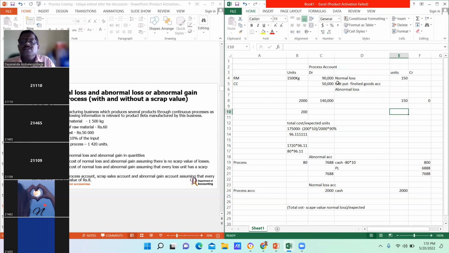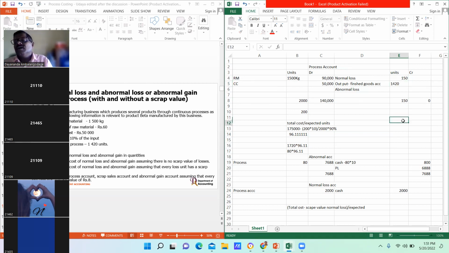Input of raw material, so much. Cost of raw material 60. I calculate the value of the raw material. Conversion cost I insert. Then it says normal loss 10%. What is the input? Input is 1500. So I calculate 10% out of that, 150. And the output of the process is 1400.